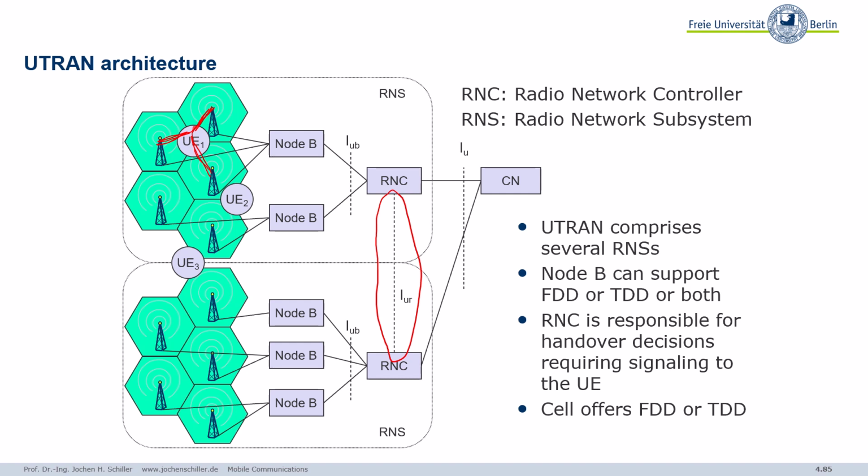It could receive signals from others just for signal strength measurement to support the handover. But here we can, for example, forward data from the core network via Node B to different antennas. So we can split up this data stream and transmit it over different antennas.